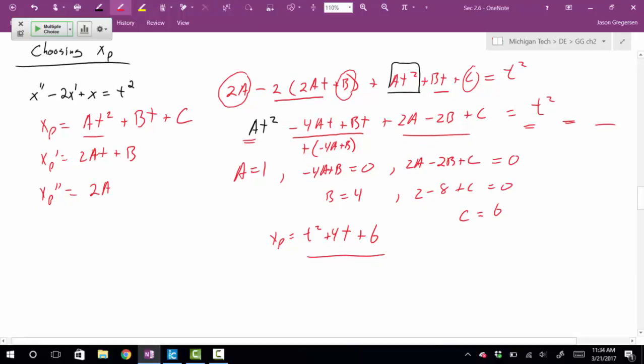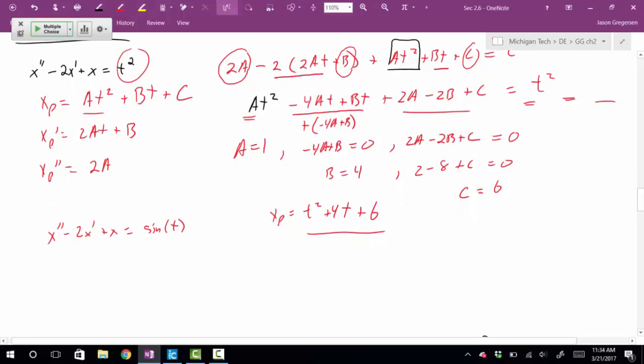Let's say my right-hand side was instead, so instead of x double prime minus x prime plus x equals something else, it equals sine of t. Well, once again, I'm adding combinations of its derivatives.